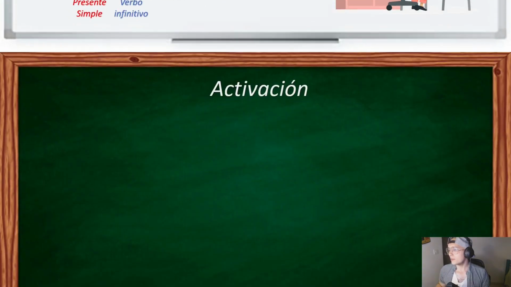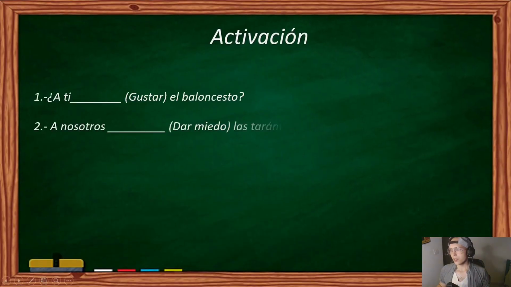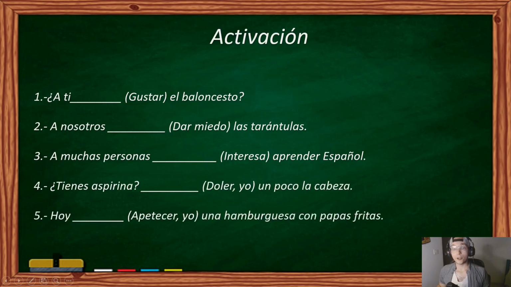Now, let's do a little activity. That will be for you to complete and to put in the comment box down below, okay? So we have number 1, a ti, gustar el baloncesto, a nosotros dar miedo las tarántulas, a muchas personas interesa aprender español, tienes aspirina, un poco la cabeza y hoy una hamburguesa con papas fritas.